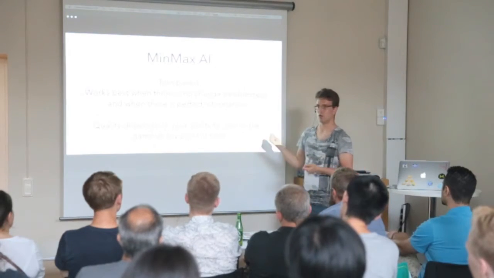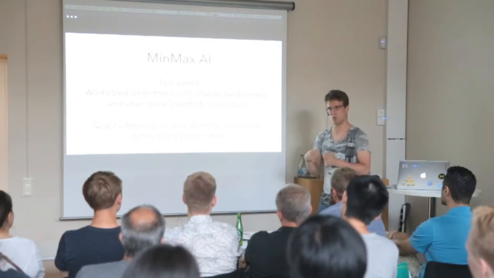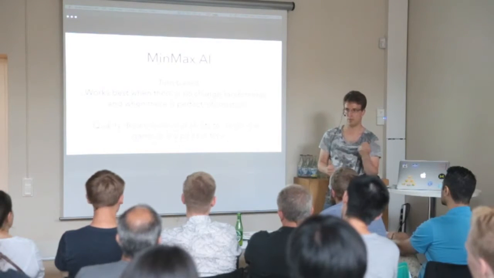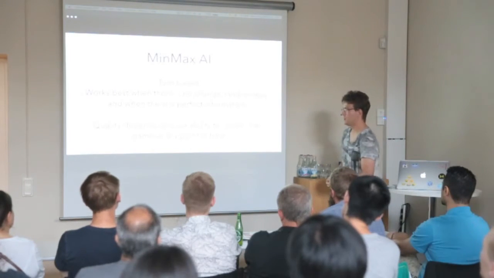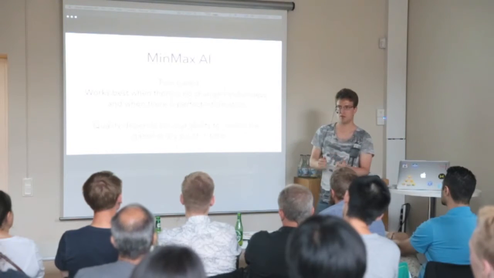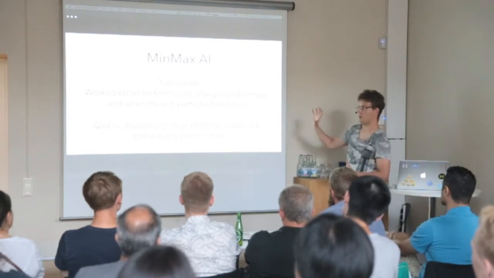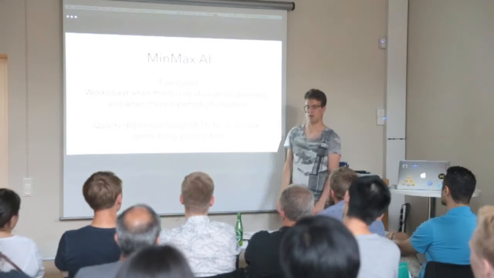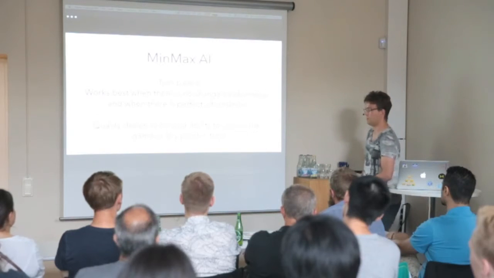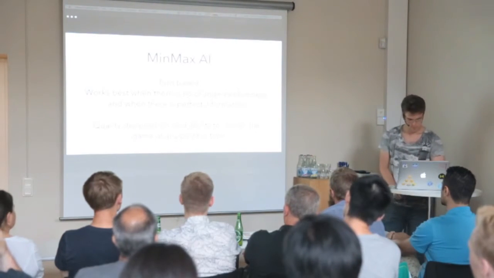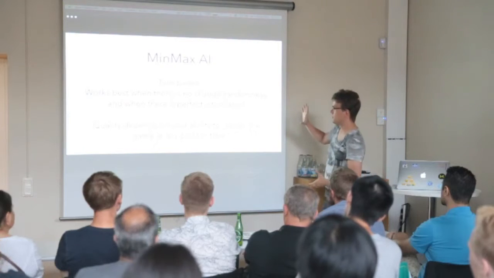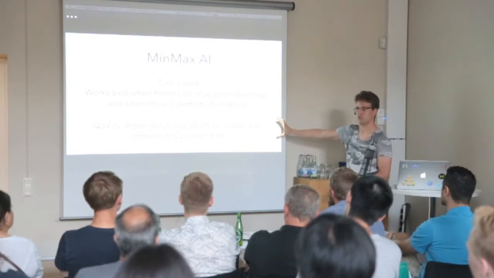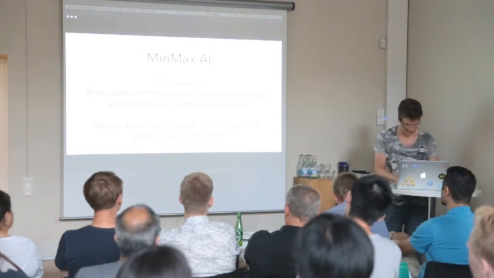So the AI wouldn't know that it's more okay to lose a pawn than it would be to lose a knight or a rook. And it uses this score to optimize. So it depends more heavily on your ability to score than on the randomness and the available information in the game. And most of it runs by itself, except you have to do the difficult part of scoring the game.